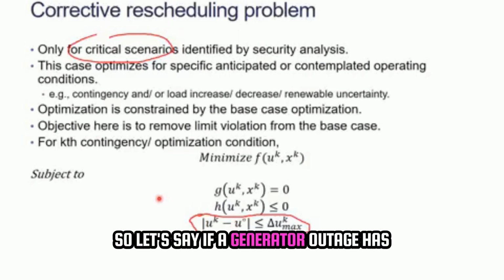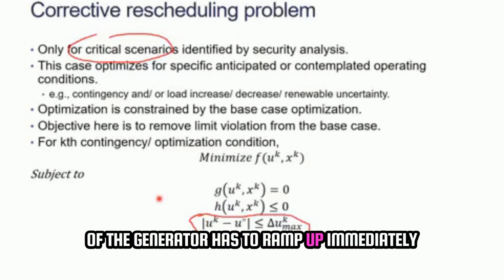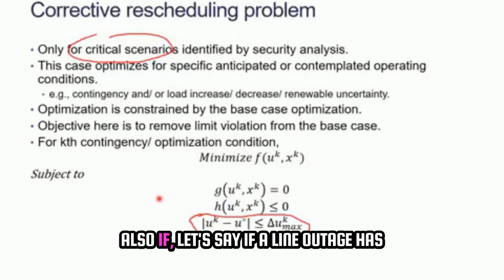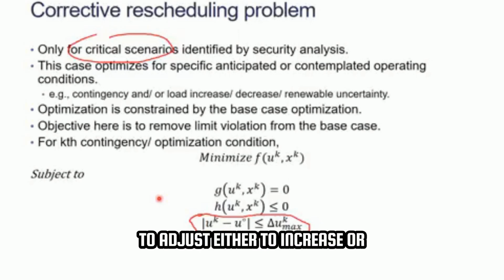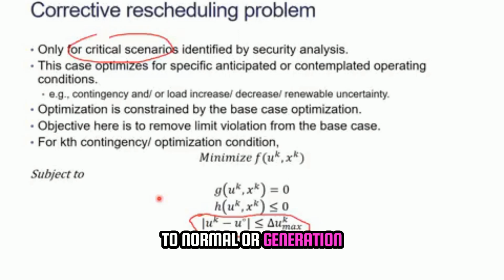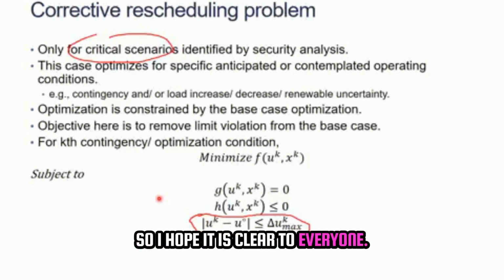If a generator outage has taken place, some generator has to ramp up immediately to balance generation and demand. Also, if a line outage has taken place, some generator has to adjust, either increase or decrease, to bring the system back to normal, so generation and demand balance is ensured. I hope it is clear to everyone.